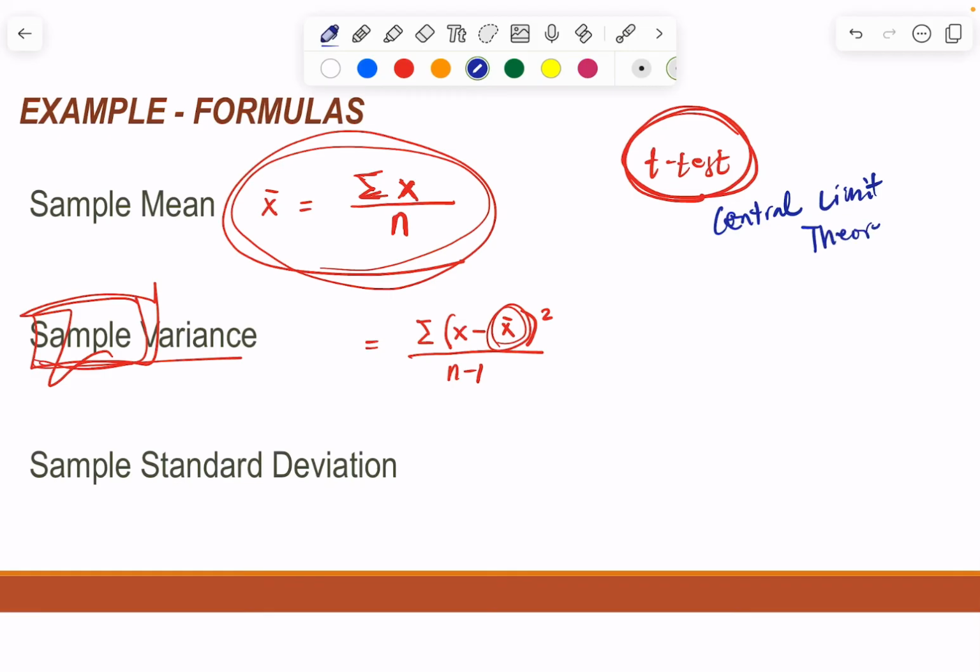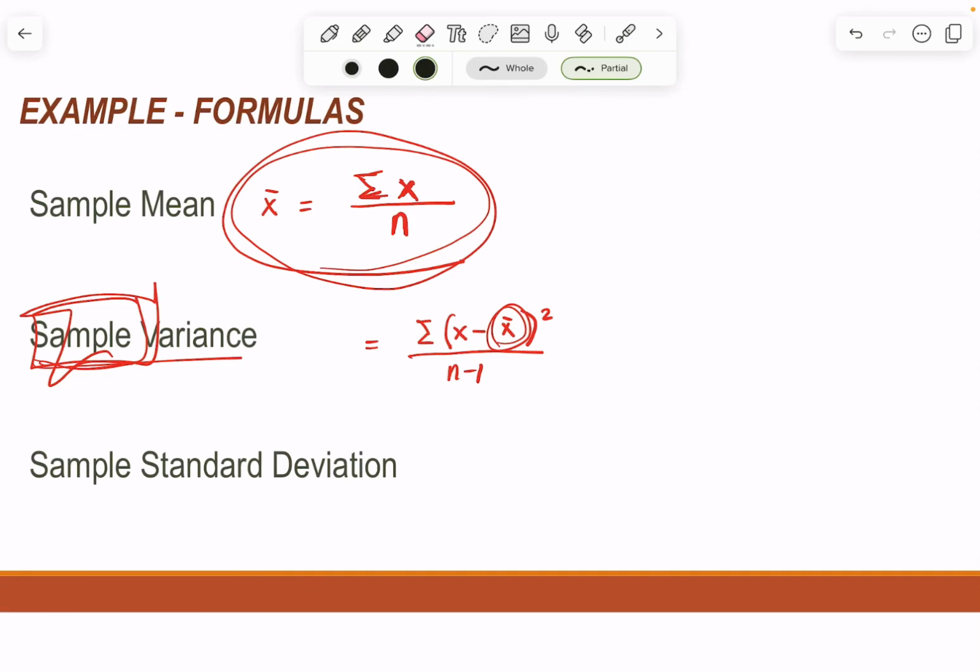So, this is from the lesson sa atuang third quarter. Mao na naanatay new formula for the sample variance, which is this one. Summation of the quantity of x minus sample mean raised to the power of 2 all over n minus 1. So, the symbol for sample variance is s squared.